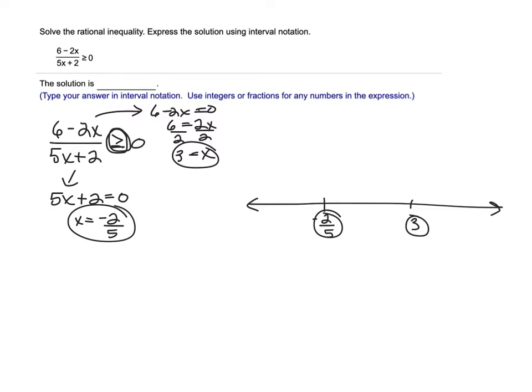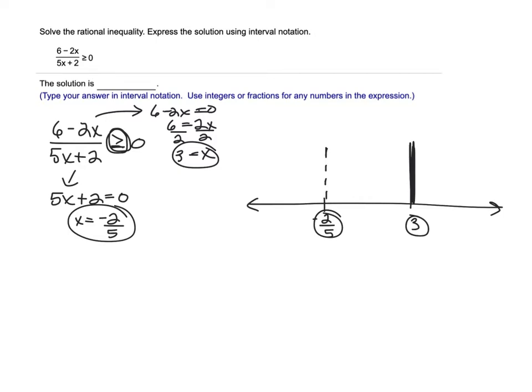So for the numerator, which 3 is what made it 0, we can draw a straight line. That's straight or dotted depending on whatever sign you have. But, and this is what's different, for the denominator, whatever number makes the denominator 0, which in this case is negative 2/5, it can never be a straight line. It has to be dotted or an open dot.